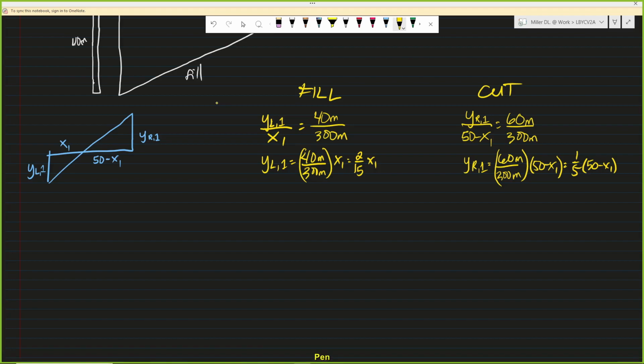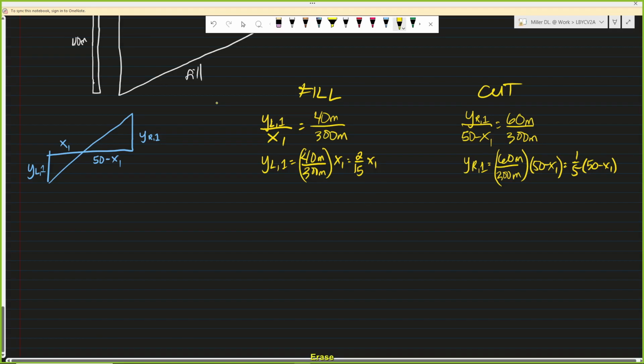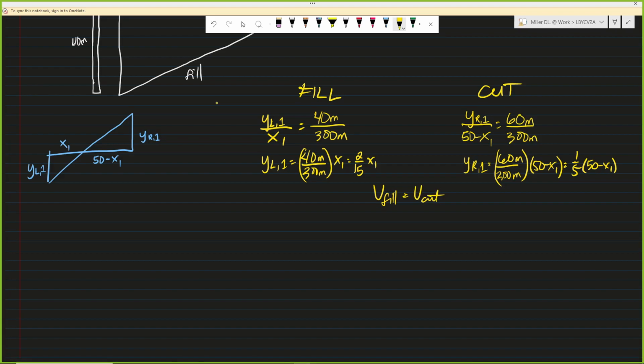So, volume of the fill is equal to volume of the cut. So, since this is triangle, so 1/2 times base times the altitude lang to. Okay? So, let's have 1/2 times the thickness. Don't forget. Okay? So, 1/2.